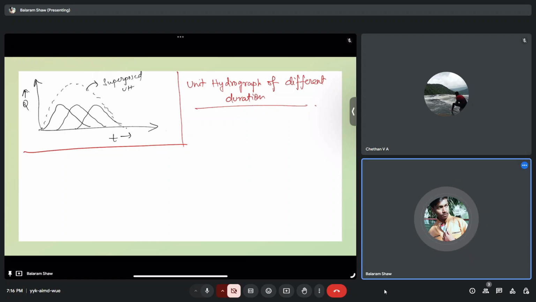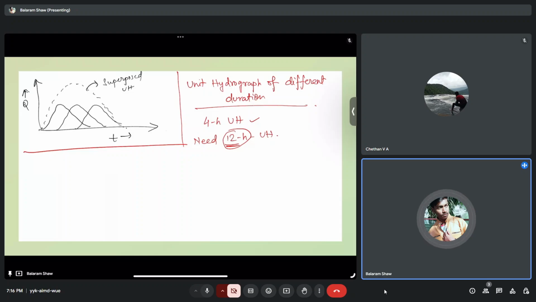If you have a 4 hour unit hydrograph and you need a 12 hour unit hydrograph, then 12 is an integer multiple of 4.